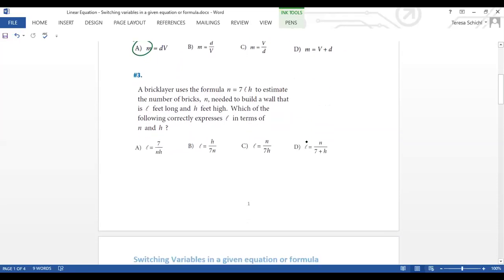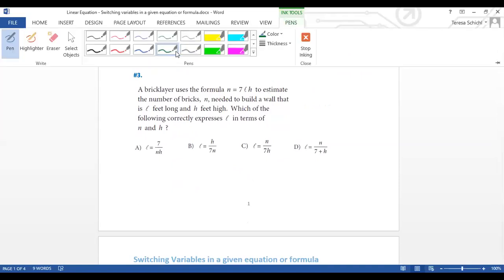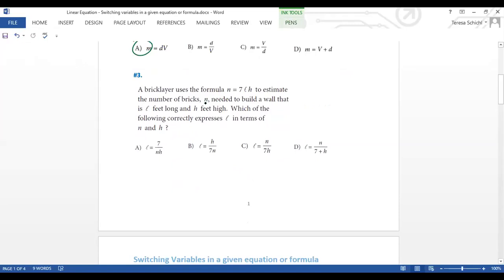For number 3, they say a bricklayer uses the formula N is equal to 7LH to estimate the number of bricks N to build a wall that is L feet long and H feet high.